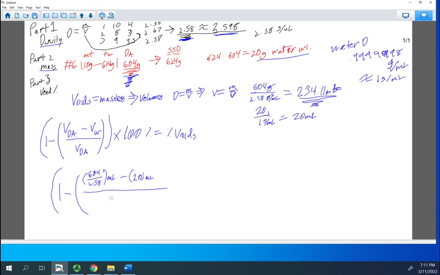And then again, take that over the top of 604 divided by 2.58 milliliters. Put that in there, times 100. And if you do the math right, you should get 8.54% voids.